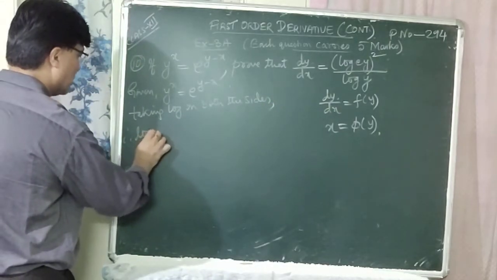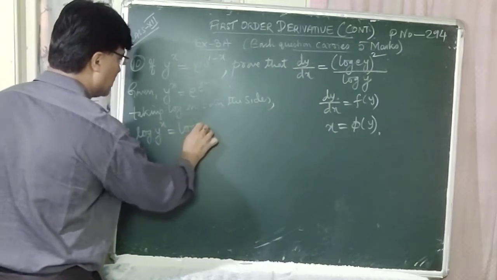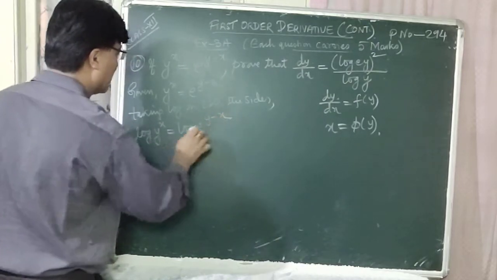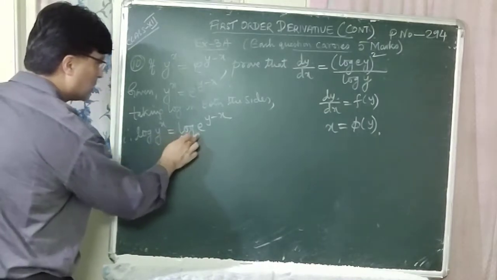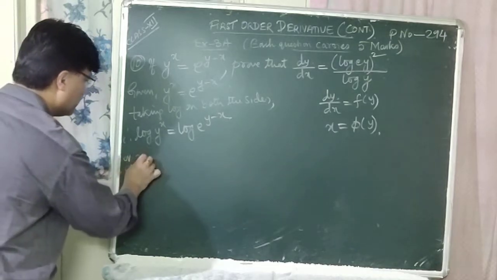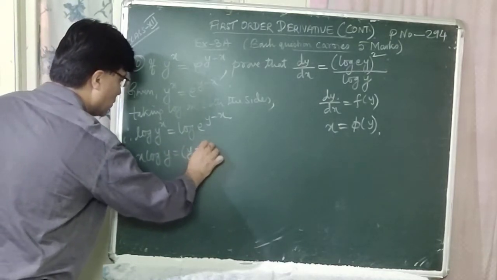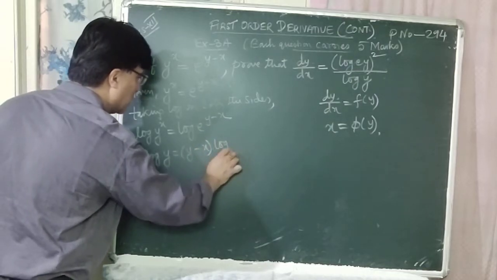It is log y to the power x is equal to log e to the power y minus x. Now x becomes the coefficient because there is log. So it is x log y is equal to y minus x into log e.